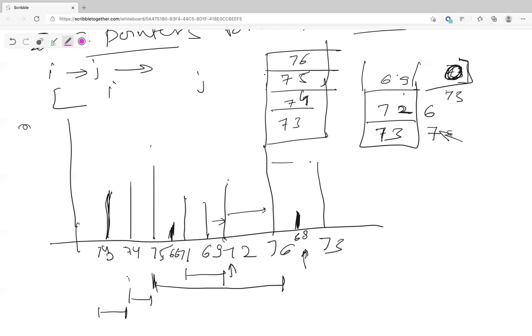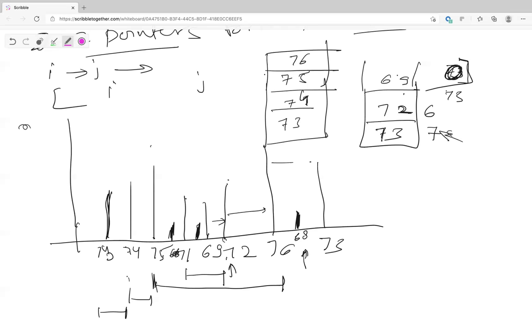Will 68 be useful then? Because now 68 is bigger than 66. No, because you have 71. Let's say I had 66 over here, still you have 69 next to it.